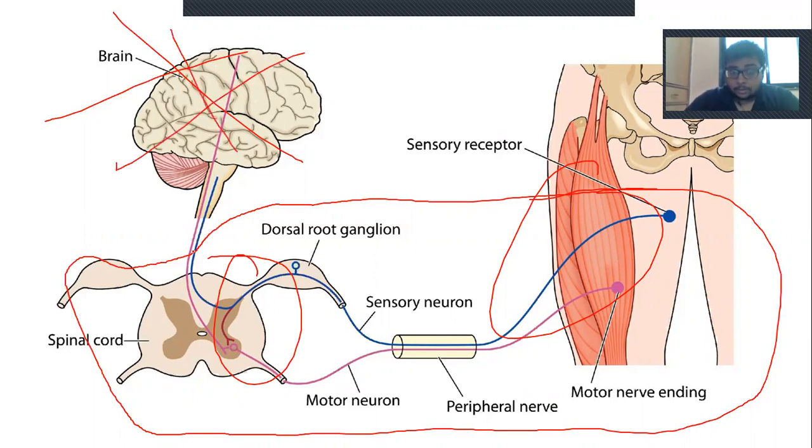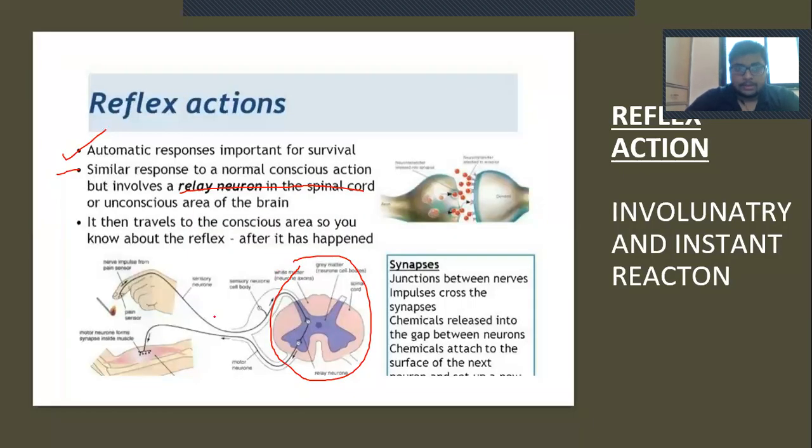The spinal cord only acts as a brain and does its job, and it travels to the conscious area so that you know about the reflex after it has happened. Conscious area means this brain. Unconscious area means the brain of the spinal cord.